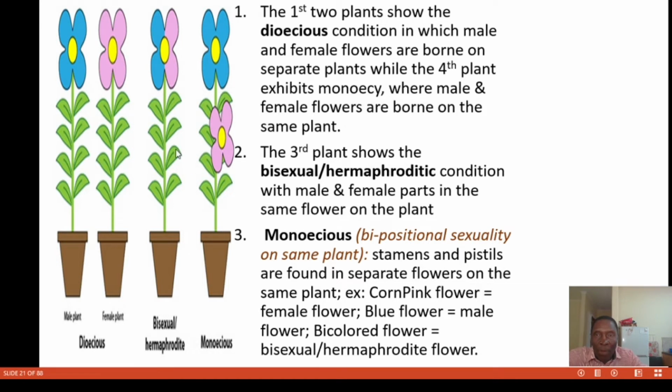The bisexual is where you have both the male and the female being housed in the same inflorescence. So we can describe the monoecious as bipositional. The stamens and pistils are found as separate flowers on the same plant, different houses.